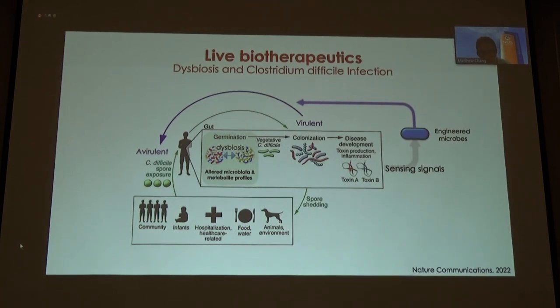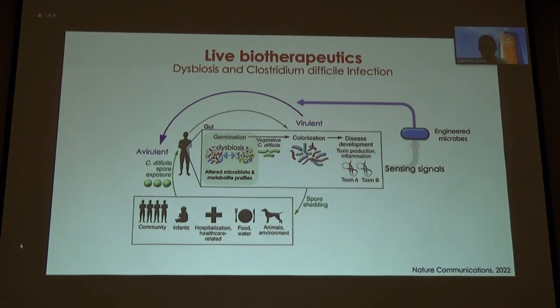So our hypothesis was that the dysregulation of microbiome-mediated metabolism in the gut could contribute to C. diff infection, and that its restoration can limit the pathogenesis of C. diff infection. So this is a more biological phenomenon.